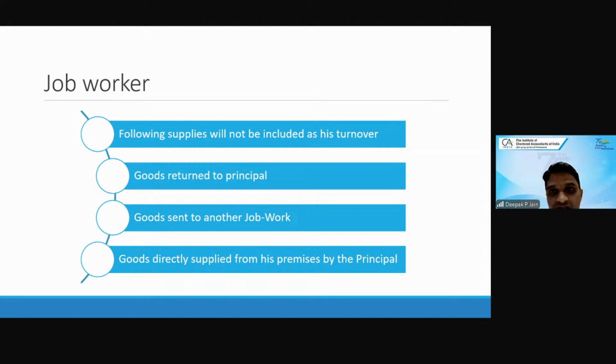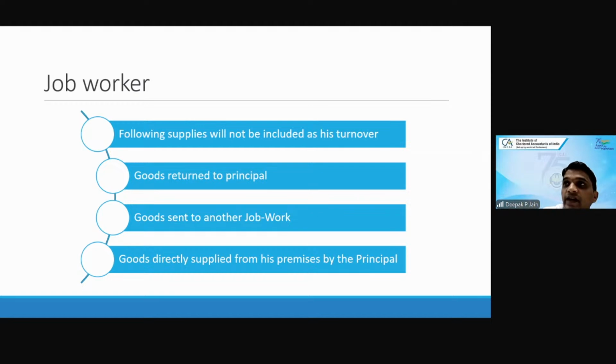He is not doing any agency business. He is doing the activity, say labor charges, job work charges, whatever he's doing. For that, he receives the job work income. That will be his turnover. So he may be getting goods worth 1 crore, but his income will be only 1 lakh. So his turnover is 1 lakh, not 1 crore.